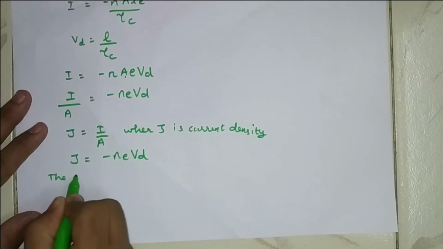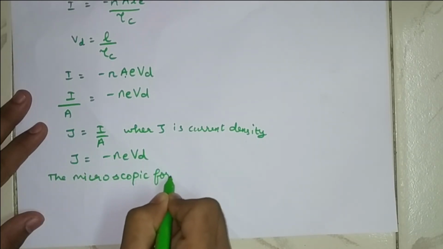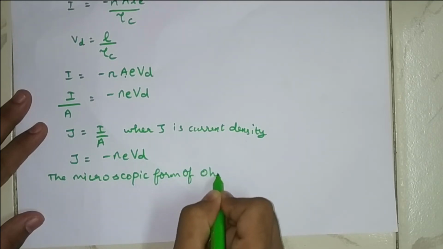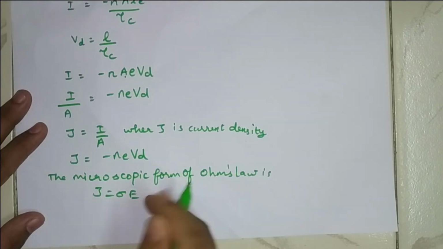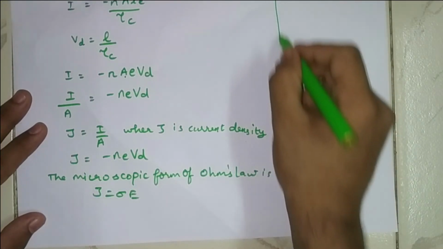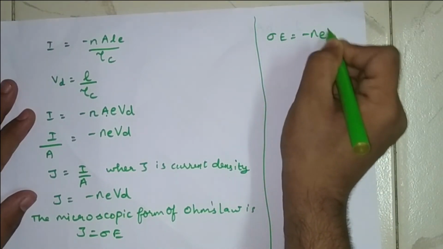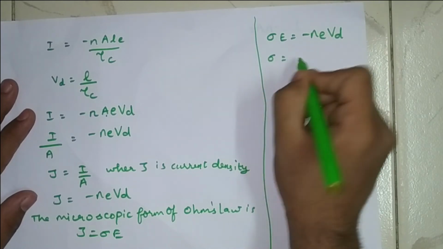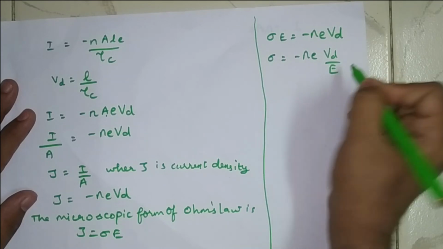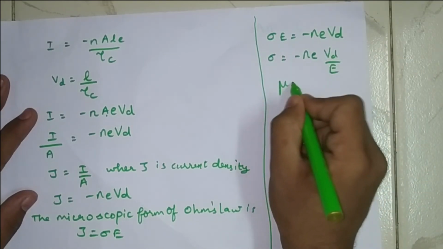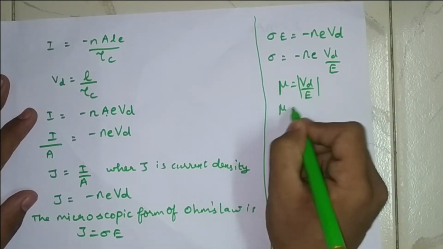The microscopic form of Ohm's law is J equals sigma E. Comparing these two equations, sigma E equals minus neVd, so sigma equals minus neVd by E. Here mu equals the magnitude of Vd by E, where mu is the mobility.